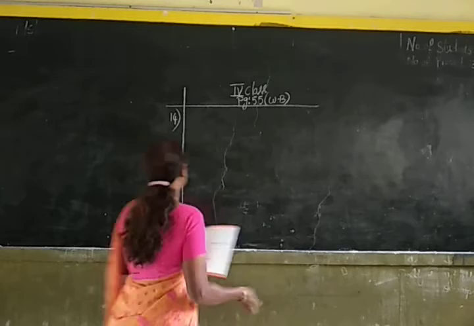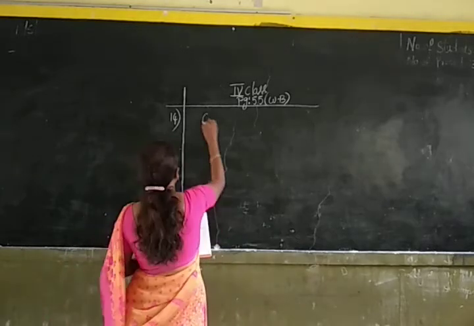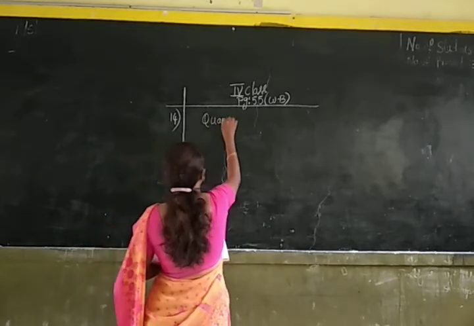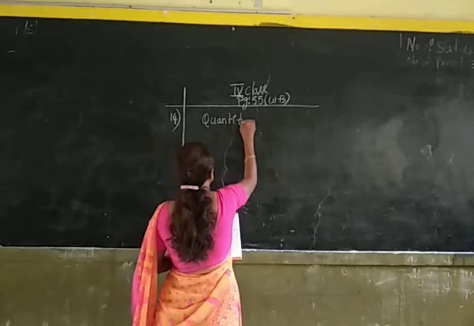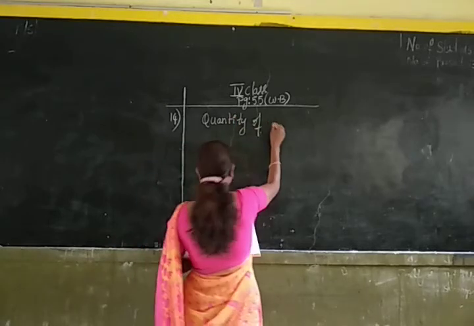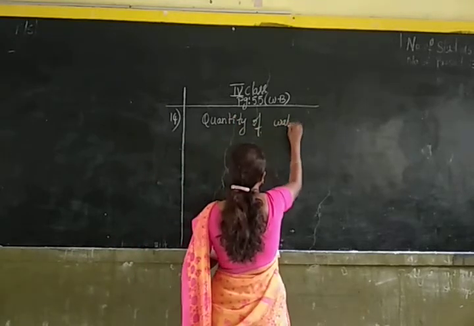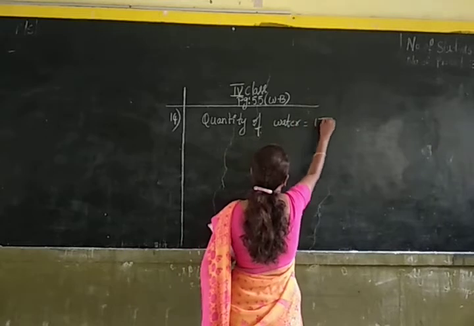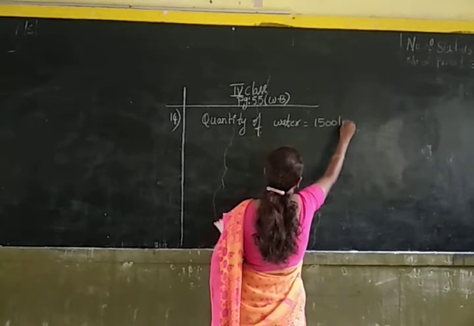Okay children, let us do the sum. So how much water is in the tank? Quantity of water is equal to 1500 liters.